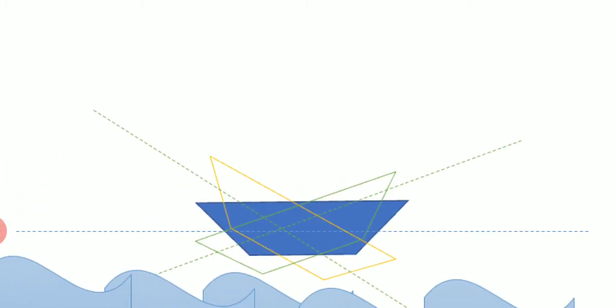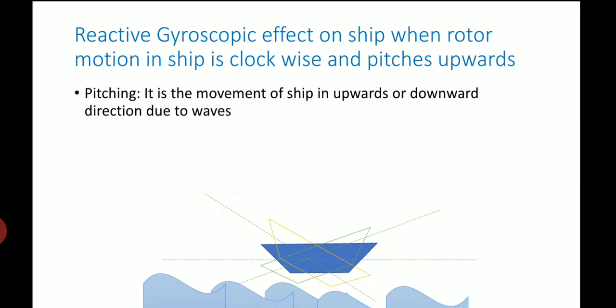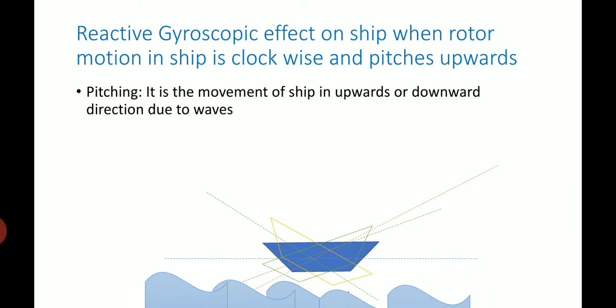As you can see here, this axis, which is the mean position axis of the ship, is getting displaced by some angle theta during both cases, upward and downward pitching. This is represented by angle theta. The maximum angle turned during pitching is known as phi.